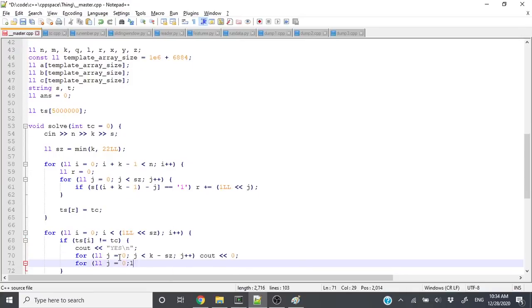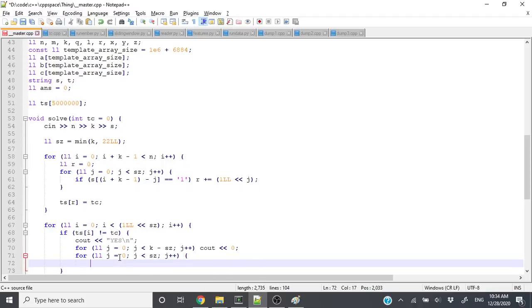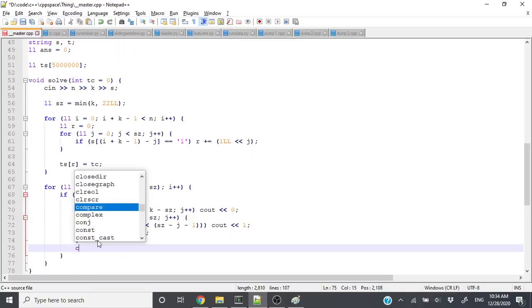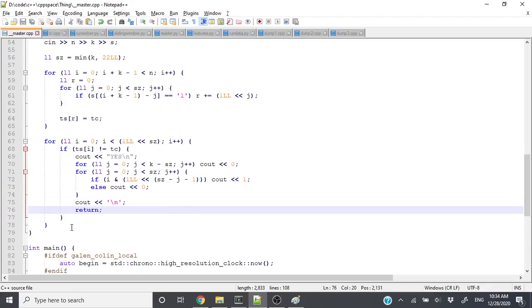Then j equals 0, j less than size, j plus plus. If this bit is set, which means i and 2 to the size minus j minus 1. Otherwise, we have not found a match.